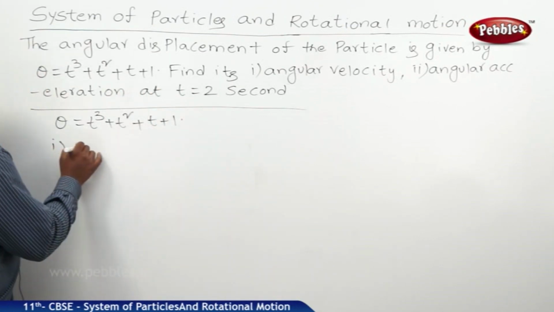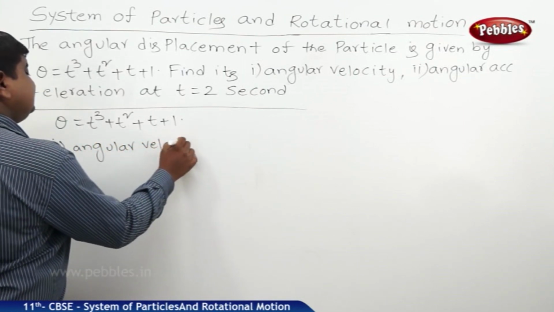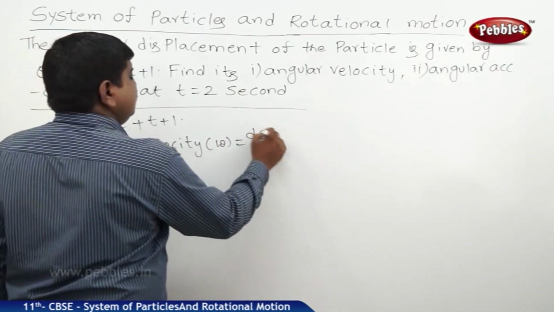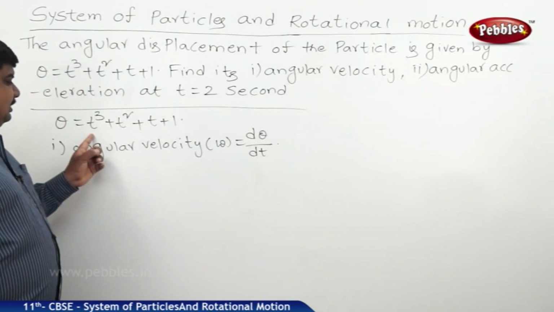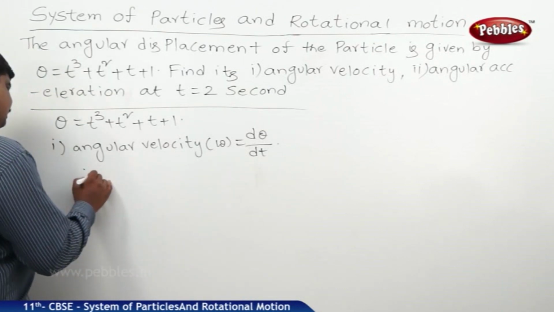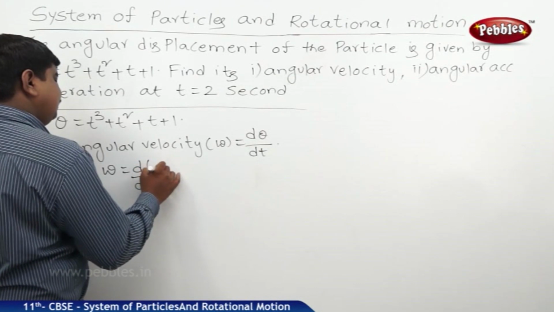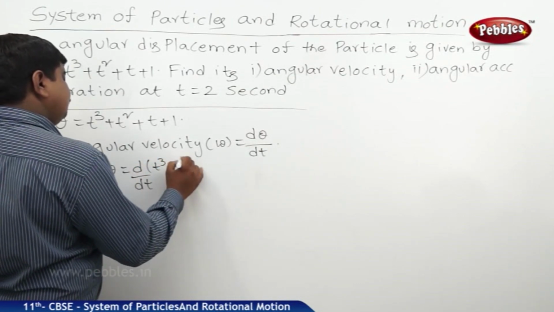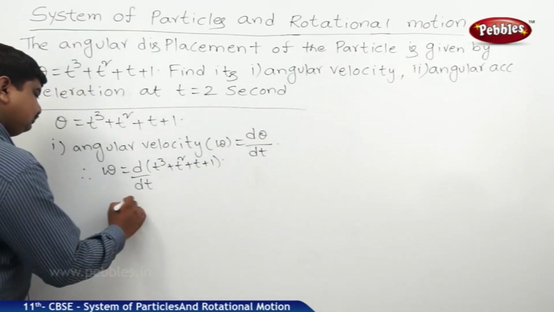First, angular velocity omega is equal to d theta by dt. That means we should differentiate the equation of theta with respect to time. Therefore omega is equal to d by dt of t cube plus t square plus t plus 1.